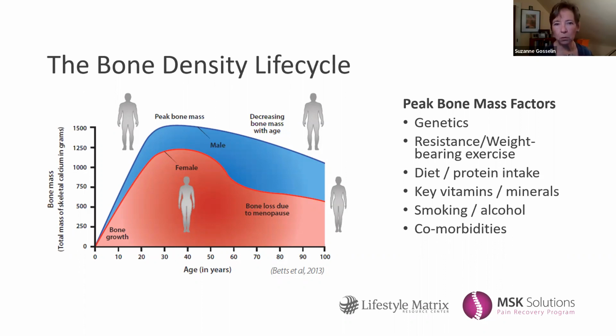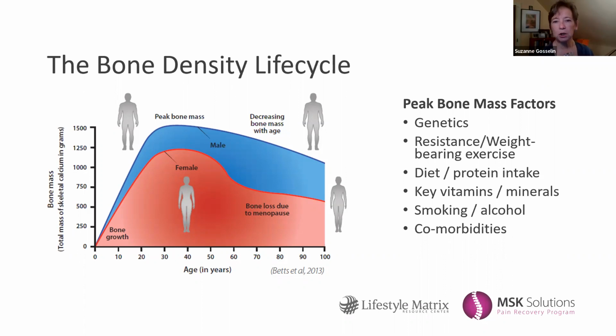And then because of the hormonal changes associated with menopause, for women, you see that quick dip starting in the 50s to the 60s, and then that levels out again. So there is decreasing bone mass with age, which is inevitable, but doesn't necessarily need to result in osteoporosis or fracture risk. What can contribute to peak bone mass?